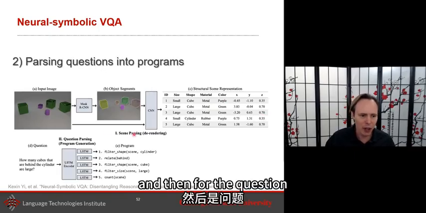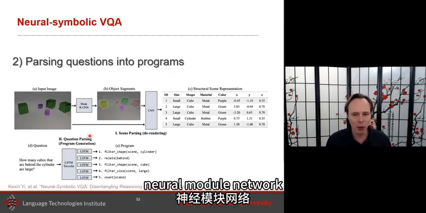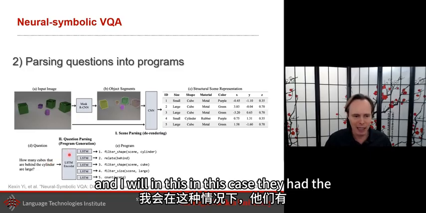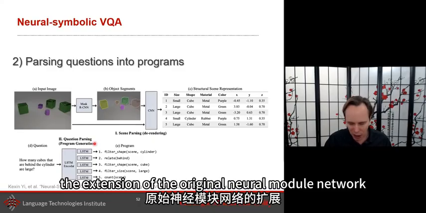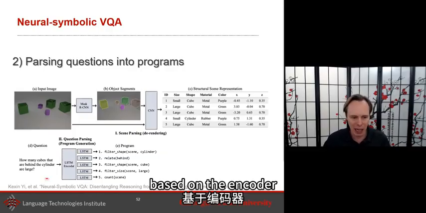And then for the question, what I will do is a lot more like the neural module network. In this case, they had the extension of the original neural module network, where the computation graph is defined based on the encoder.